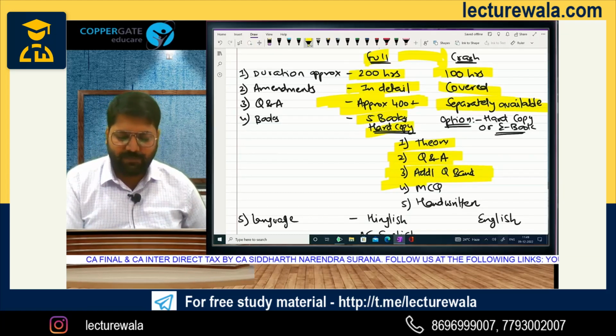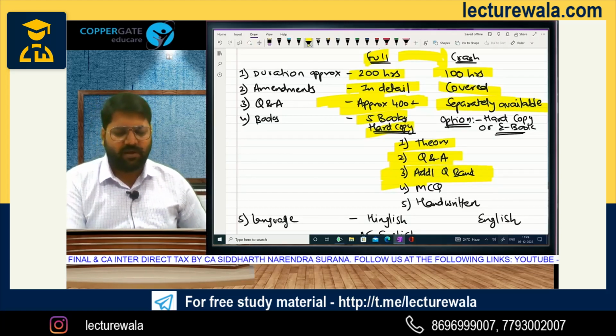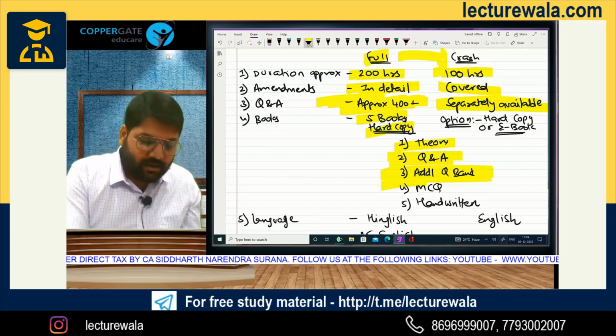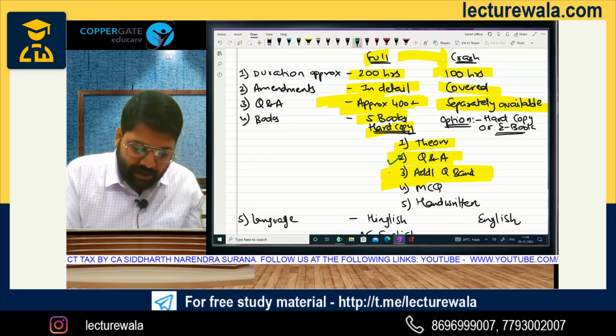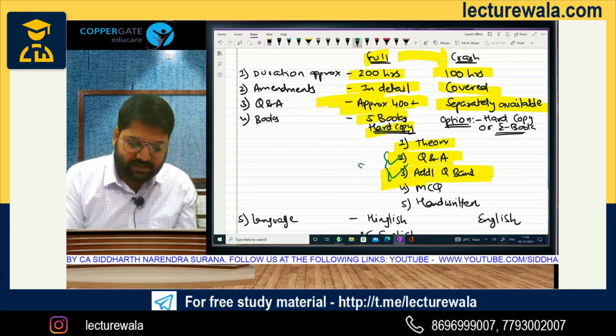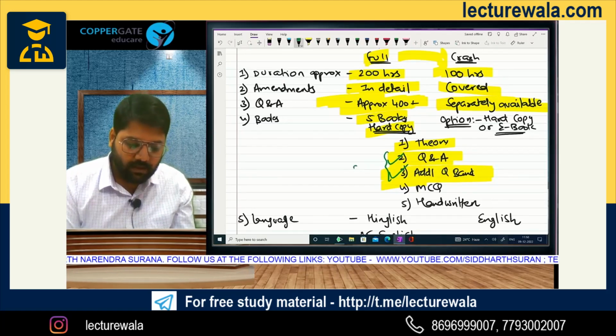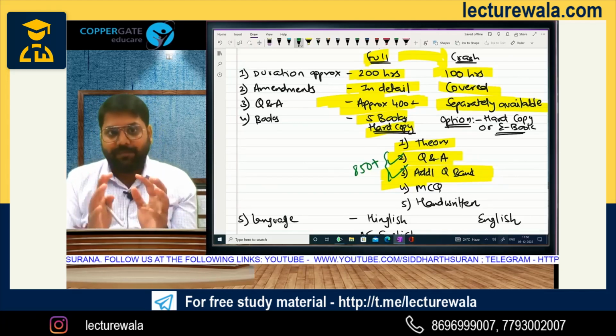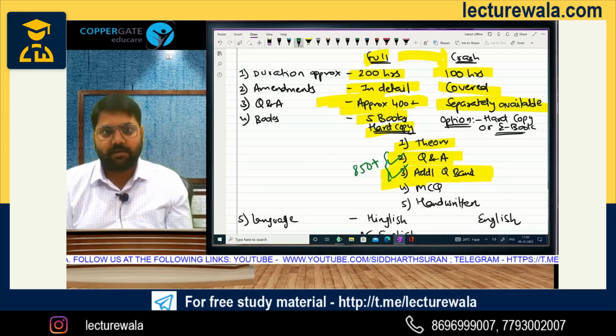This question book is about 400, 430, and this is again about 400, 430. Effectively, these two question books together make it 850 plus questions. 850 plus subjective questions. There cannot be a bigger or better question bank than this.